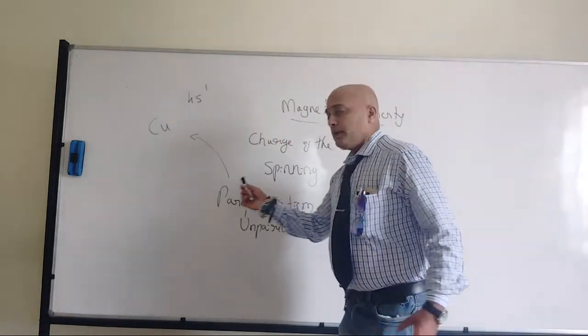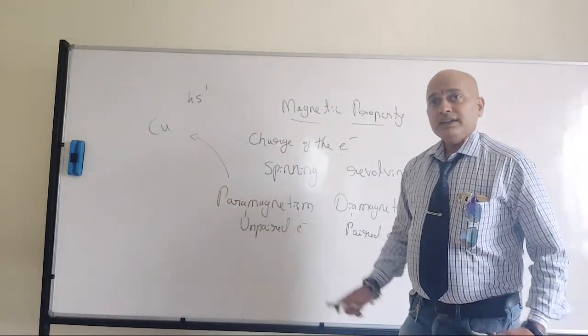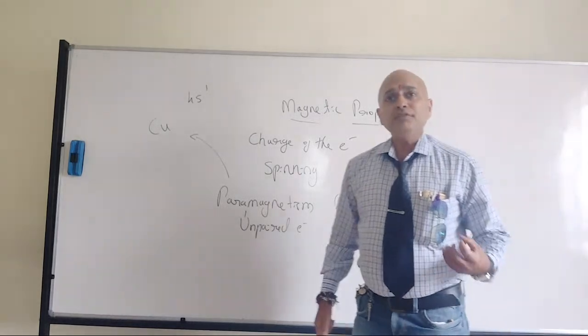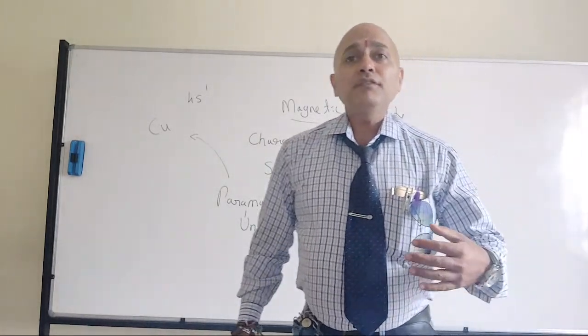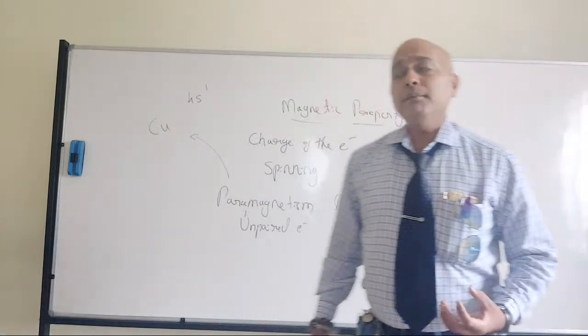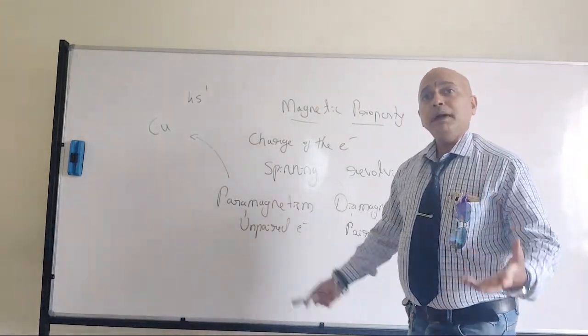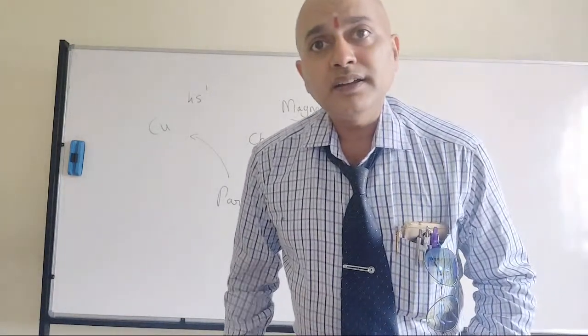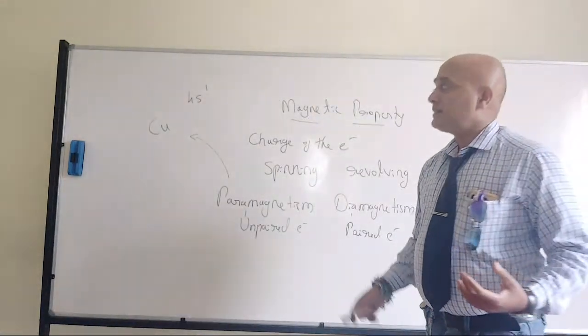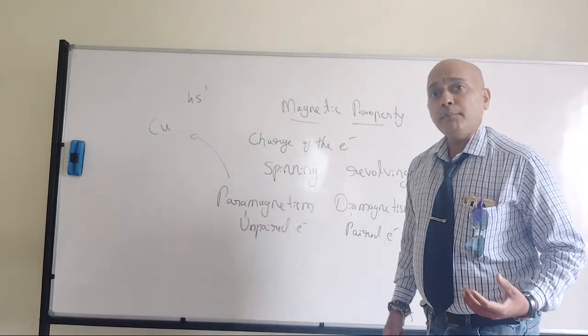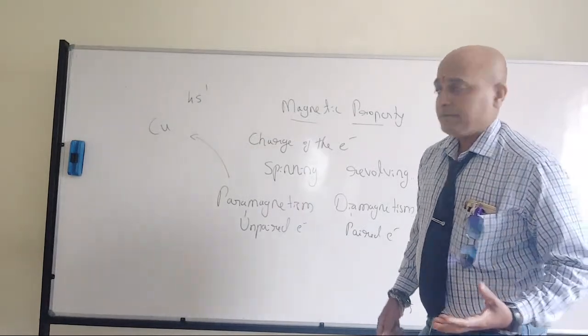Because paramagnetism is a property of an element where they will have a weak affinity towards the magnet. Yes, Amit, cupric is paramagnetic, but not copper or cuprous, Cu plus.